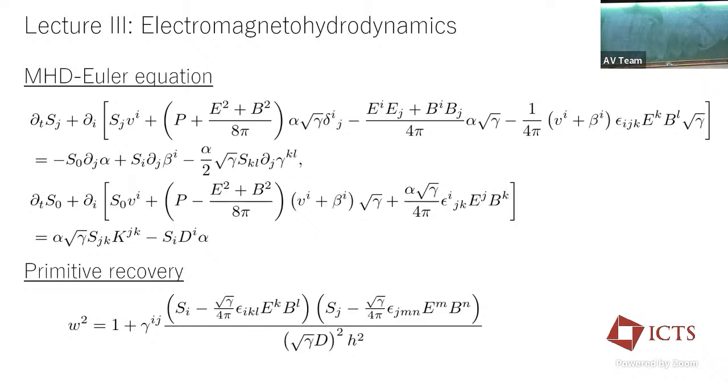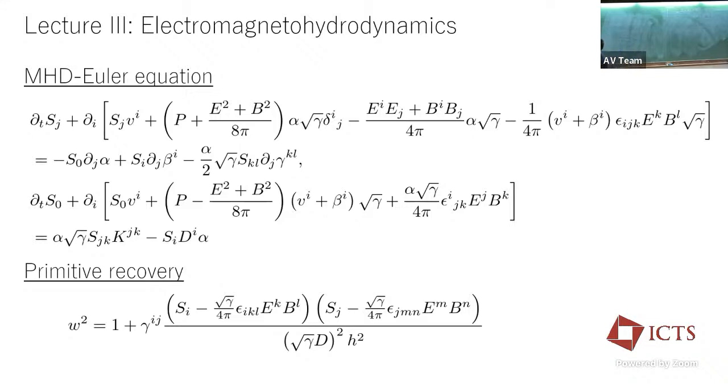Like this. And so S0 times the shift of beta J here cancels out, right? Here and this one and this one cancel out.